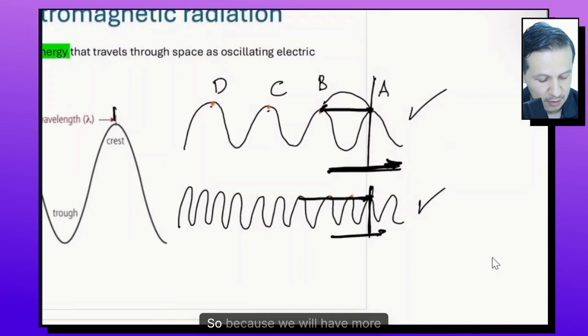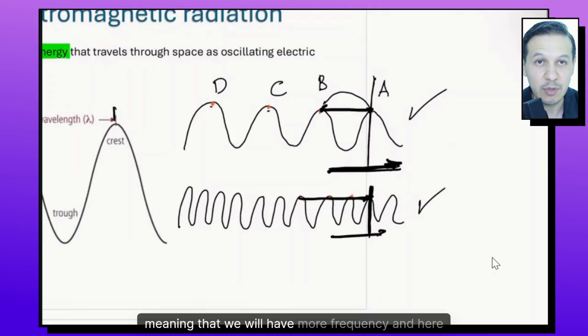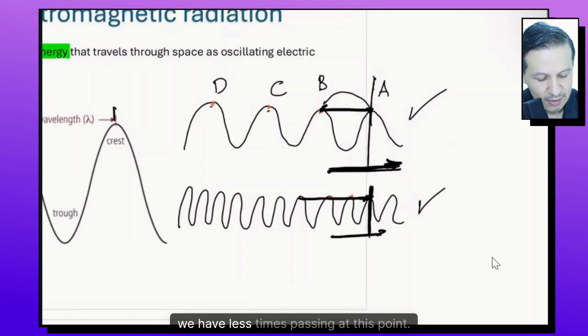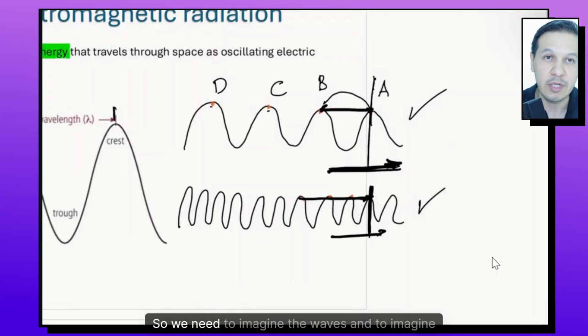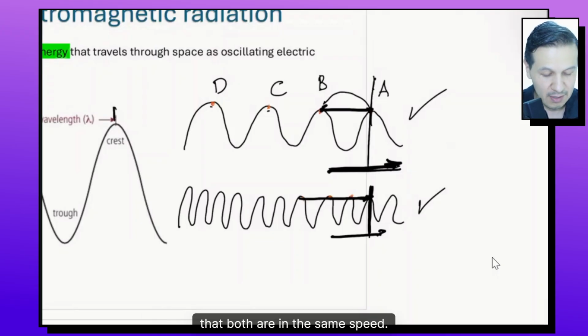You see? Because we will have more waves passing through this point in 1 second, meaning that we will have more frequency, and here we have fewer times passing at this point. So we need to imagine the waves and imagine that both are at the same speed.